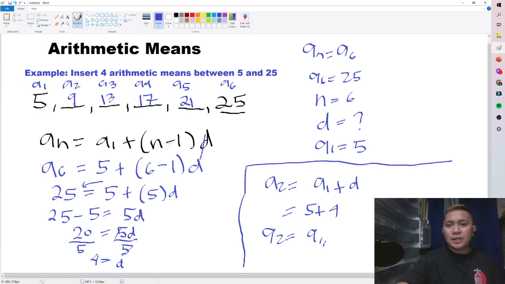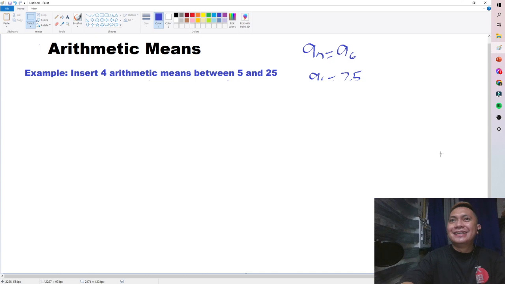Okay? So let me take another example para mas makuha pa natin. So that is the first example. Let me remove this first. Ay, sorry. Okay, tuloy-tuloy ang record natin para wala na tayong edit, no?